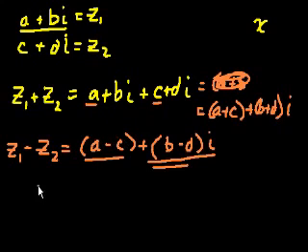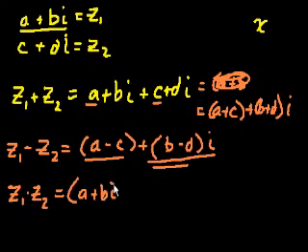What happens when I multiply the two numbers? So what is z1 times z2? Well, that equals a plus bi times c plus di. We essentially can just FOIL it out. I don't know if you learned FOIL in 8th or 9th grade algebra. I don't like it. I actually just think of it as the distributive property twice.